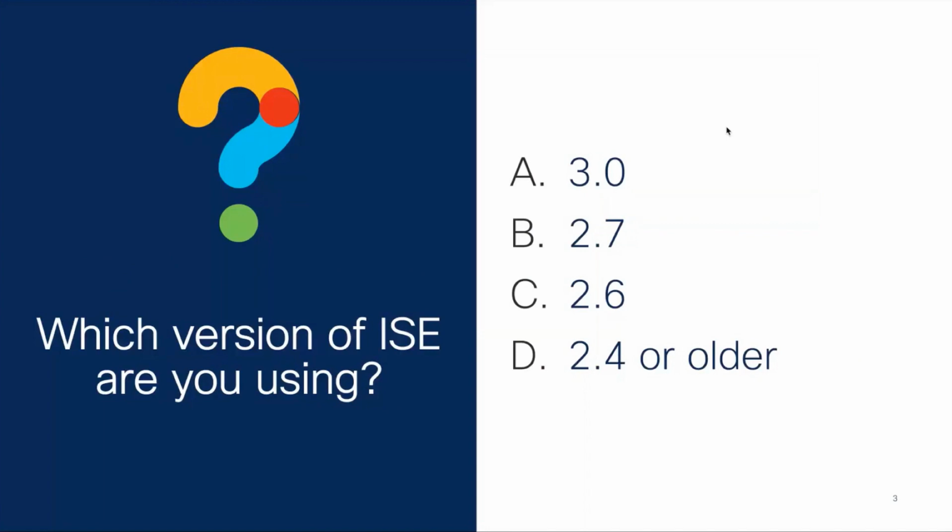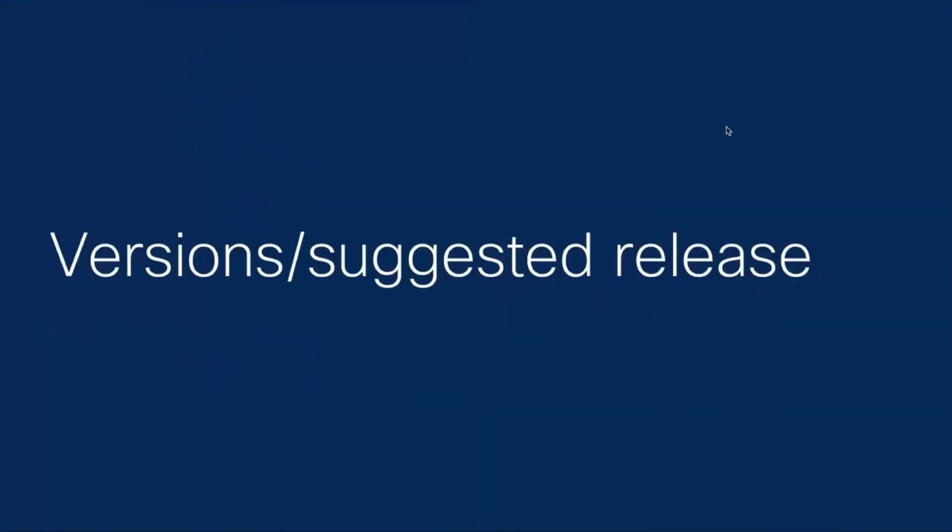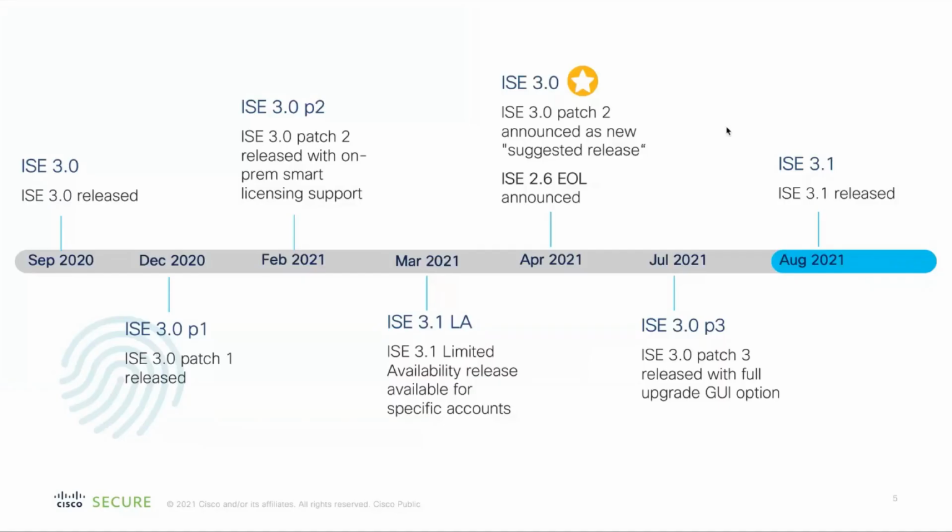Okay, moving ahead. What are the versions and suggested release? We have a one-year timeline here, from September 2020 to August 2021. Around one year ago, in September 2020, we released Identity Services Engine 3.0.